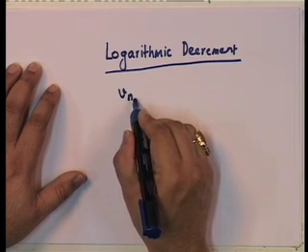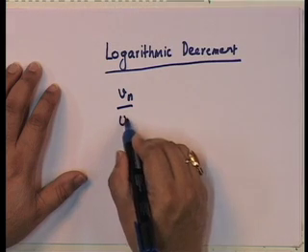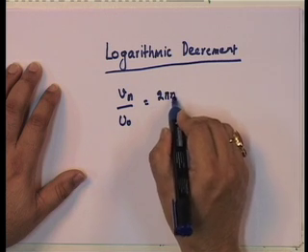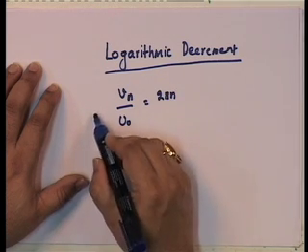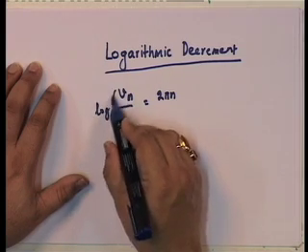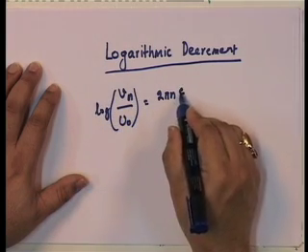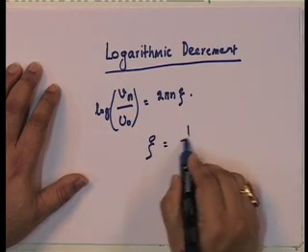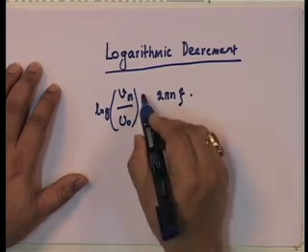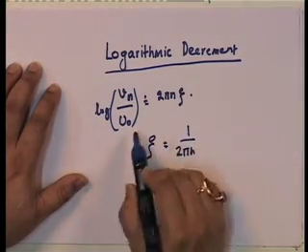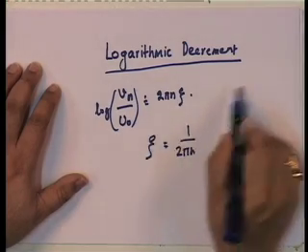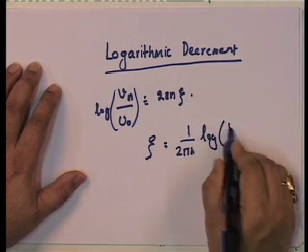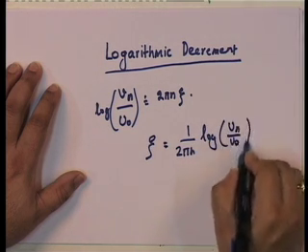V n upon V 0 is equal to 2 pi n xi. Therefore, xi can be obtained as 1 upon 2 pi, approximately, because there is an omega upon omega d which we are neglecting, times log V n upon V 0.